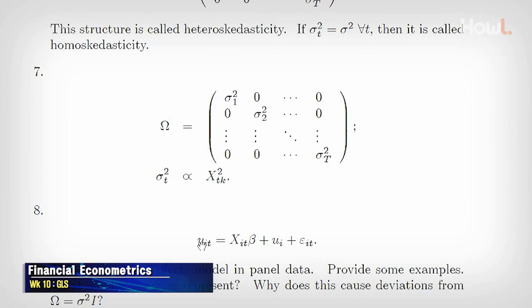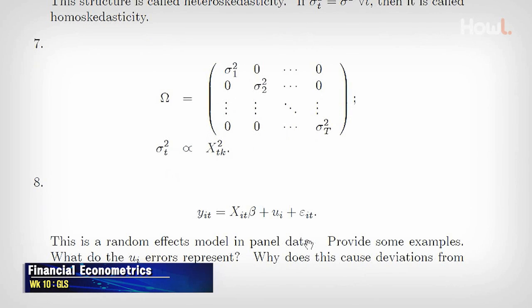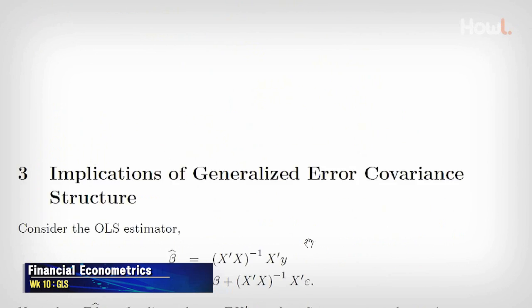What do the U_i errors represent? If Y is firm I's return at time T, then obviously U_i is a shock to the firm over all history, all time, and it is a specific shock for a specific firm.